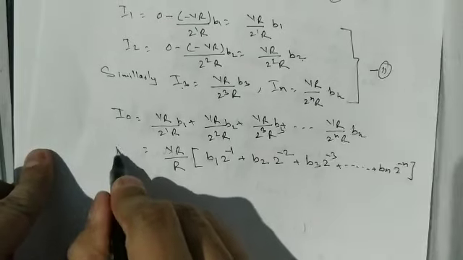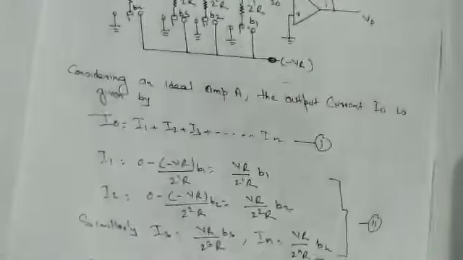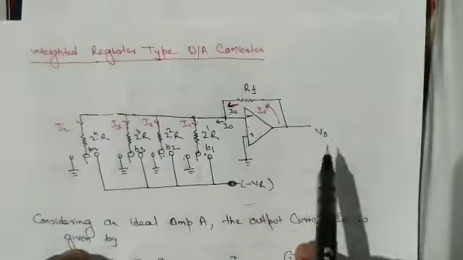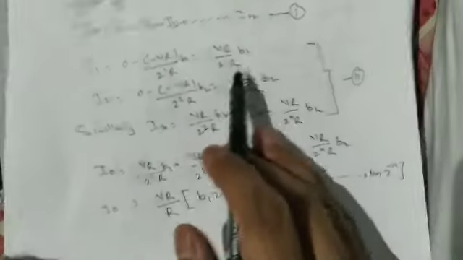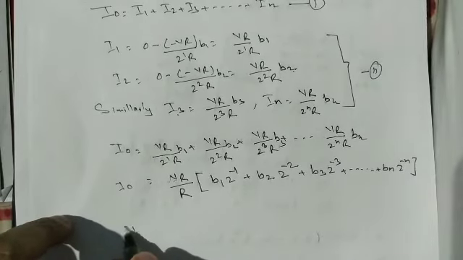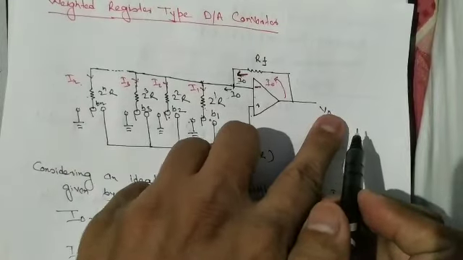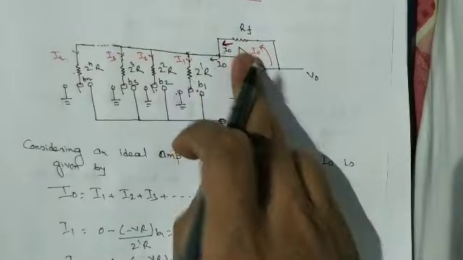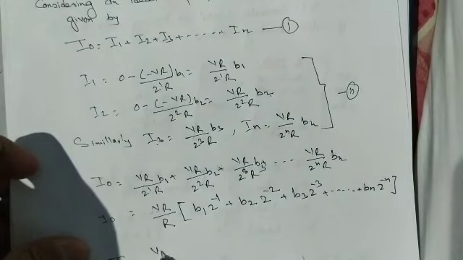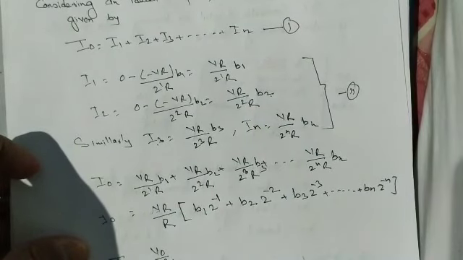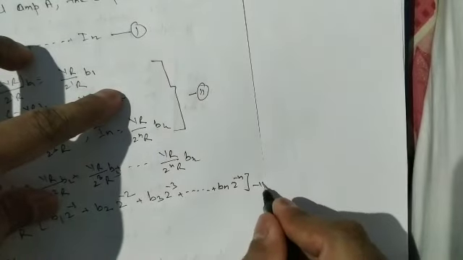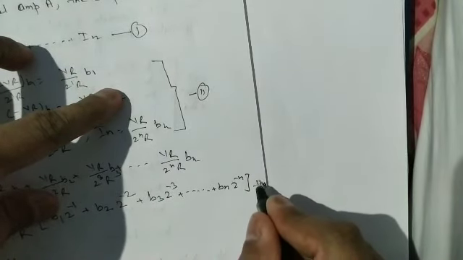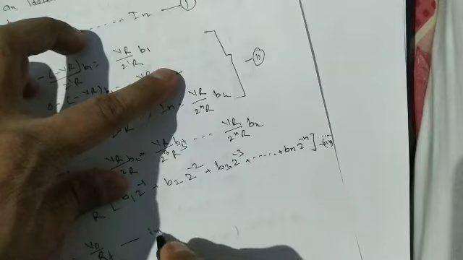This is the I0. Now what will be the value of V0? I can write I0 equal to V0 by RF. This is the value of I0. Suppose this is equation number 3 and this is equation number 4.